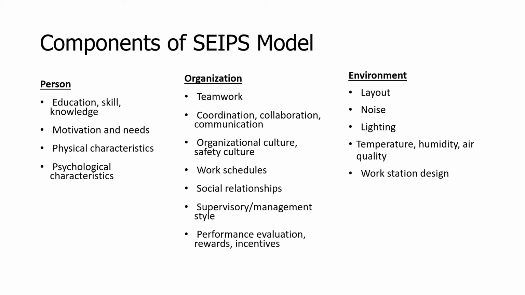Then we have organization, the type of organization, how the teamwork is going there, how the management system is, the supervision system, how it works, the social relationship, the work schedule, anything that is related to that organization. Then we have environmental factors such as the noise, lighting, the temperature, the workstation design for the nurses, for example, or for the different healthcare providers.